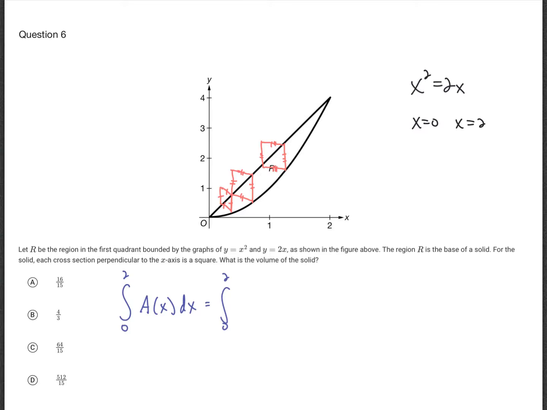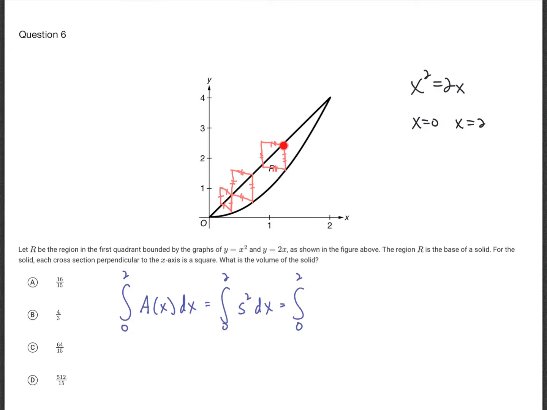Okay, so we're integrating the area of these cross sections. These are squares, so the formula is s squared. We just need something that represents s in terms of x. So s is the distance between these two functions.